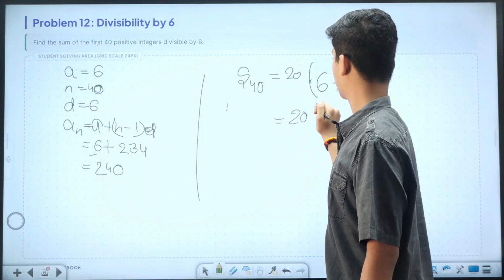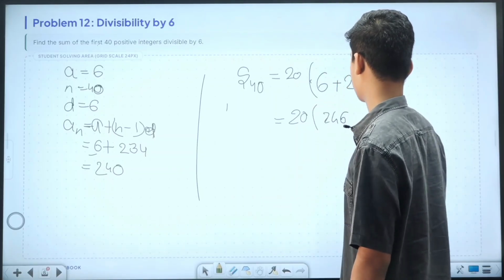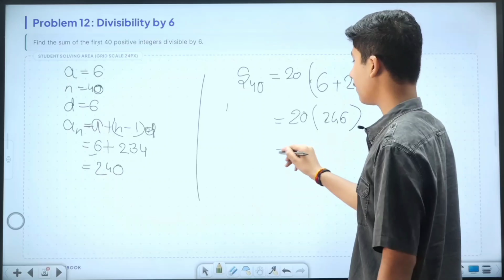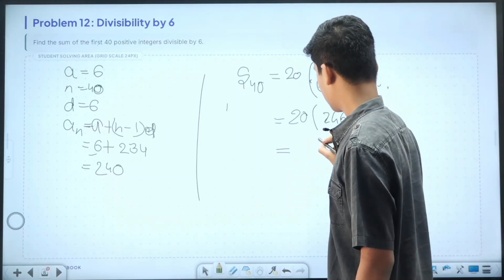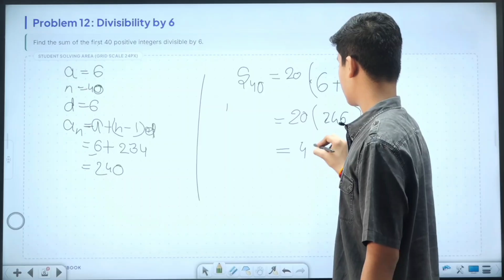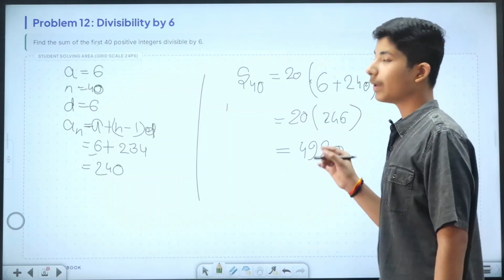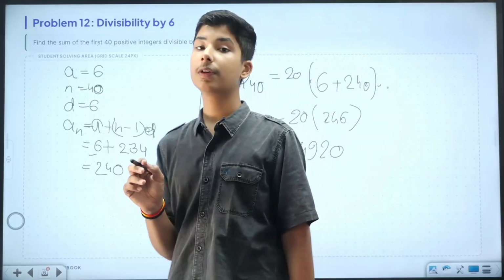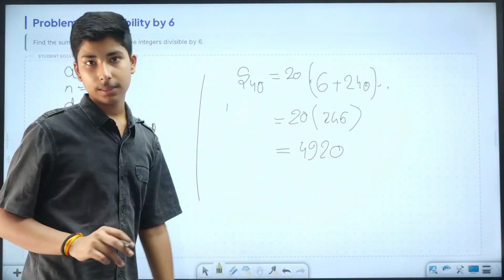Twenty into 246, and when we multiply this, we'll get 4920. This will be the answer of sum of first 40 positive integers divisible by 6.